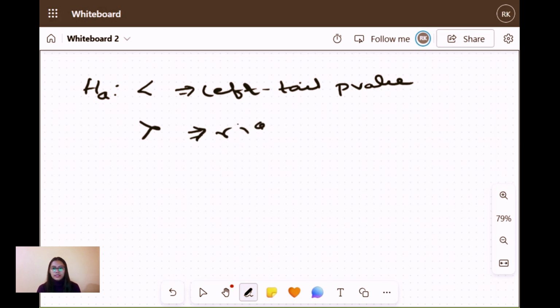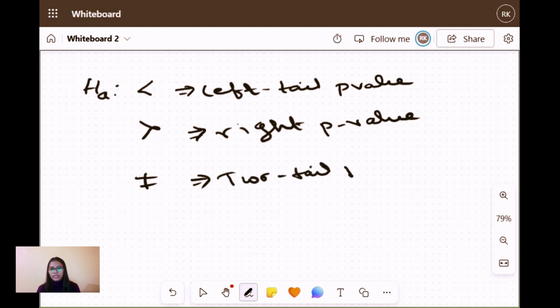If it has a greater than sign, then we need to find the right tail p-value, and if it has a not equals to sign, then we have to find the two tail p-value.